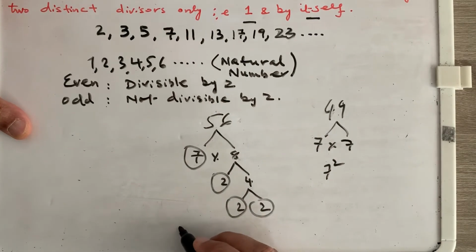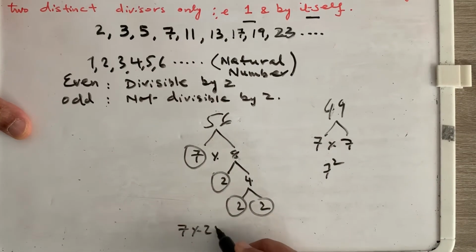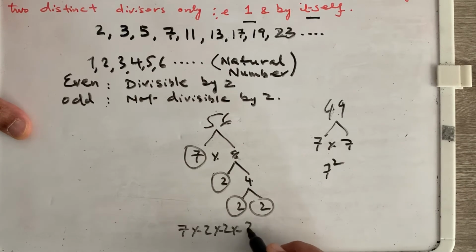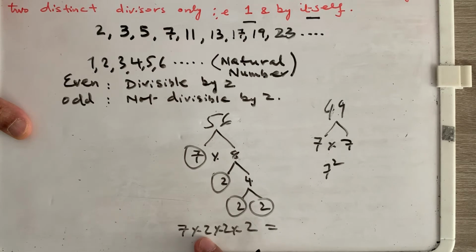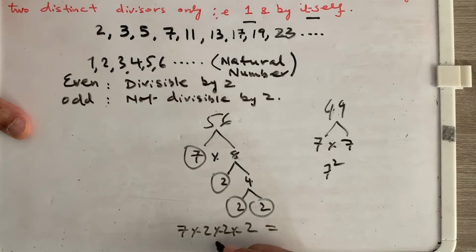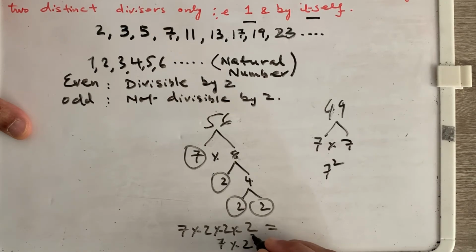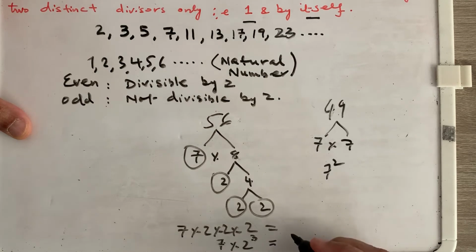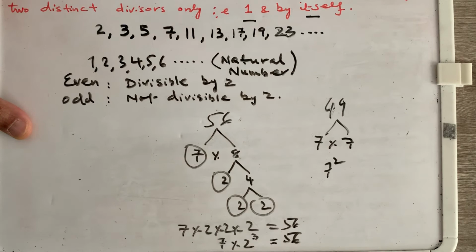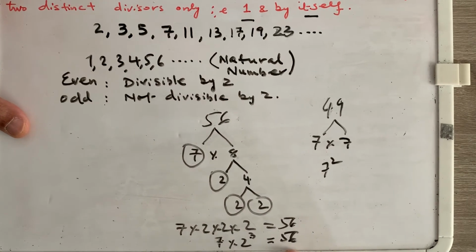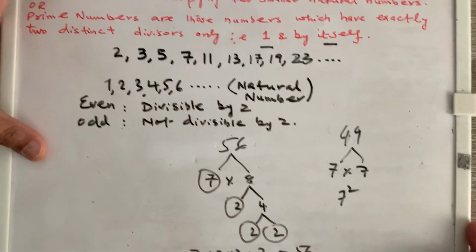So I will write 7 times 2 times 2 times 2, and I will check. 2 times 2 is 4, 4 times 2 is 8, 8 times 7 is 56. Or I can write it as 7 multiplied by 2 to the power 3. Both are correct ways of writing 56 as a prime factor. So what are the prime factors of 56? 7 times 2 to the power 3.